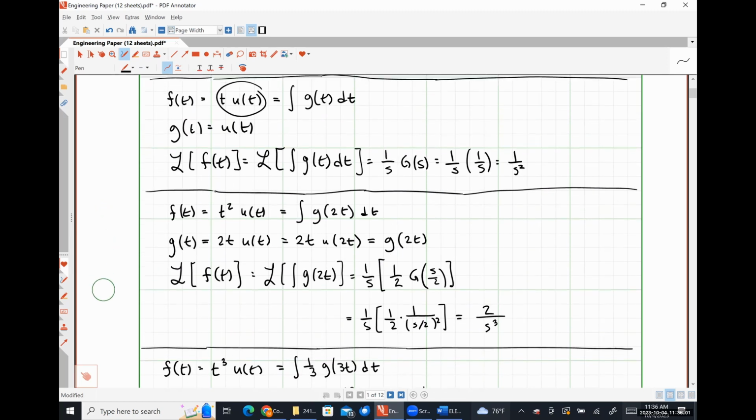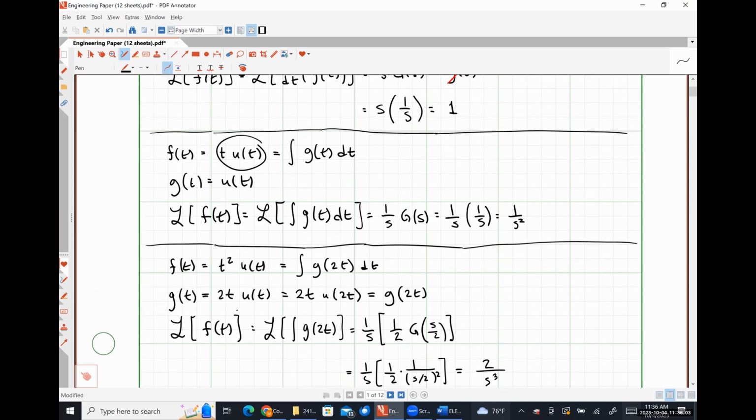Let me take it back one step previously where we first started doing these things, and this might be helpful to you, right? So u of t by itself is our function g of t here. So we're just taking the integral of g of t. So the Laplace transform of f of t is the same as the Laplace transform of the integral of g of t.